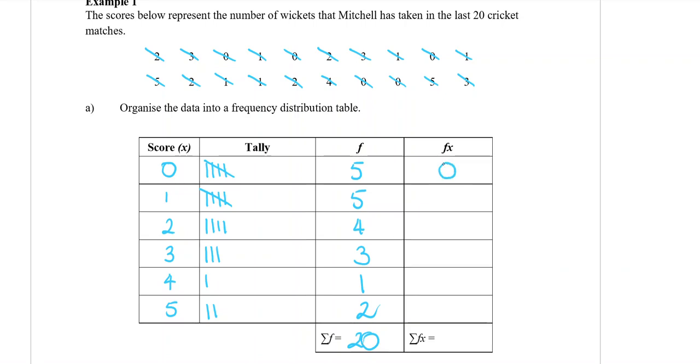The next row is 5 times 1, which is 5. 4 times 2 is 8. 3 times 3 is 9. 1 times 4 is 4. And 2 times 5 is 10. Now again at the bottom, this means I want to sum that whole column. Has anyone summed it up? 36. Okay.